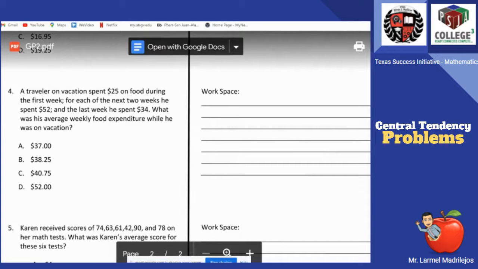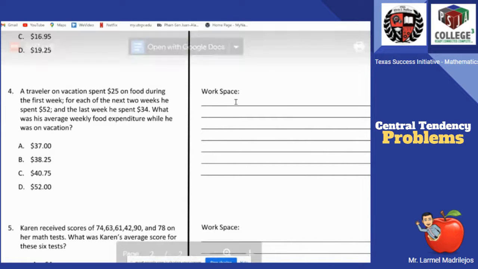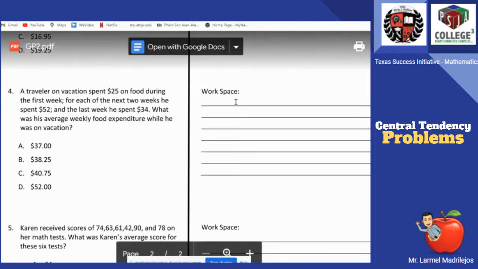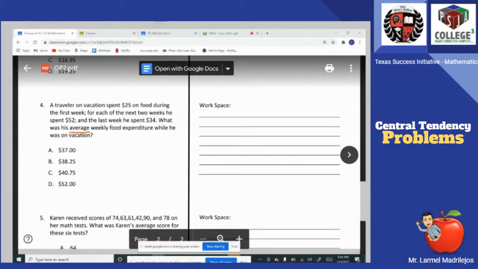And the last week, he spent $34. What is the average weekly food expenditure while he was on vacation? So they're looking for the average, so we need the mean. Although it's not necessary, I will do it anyway.